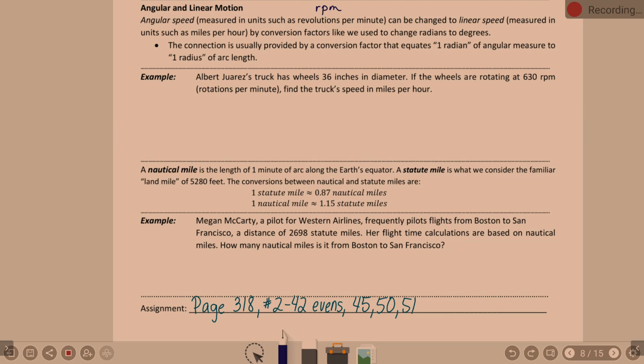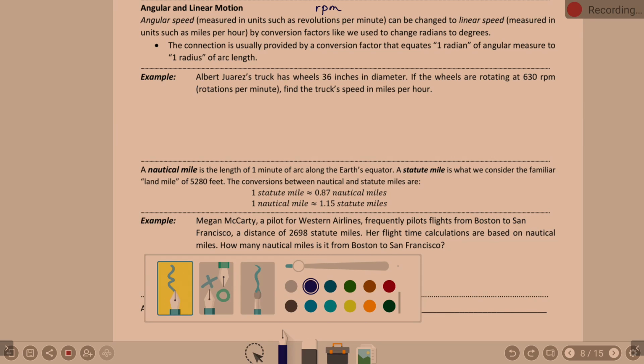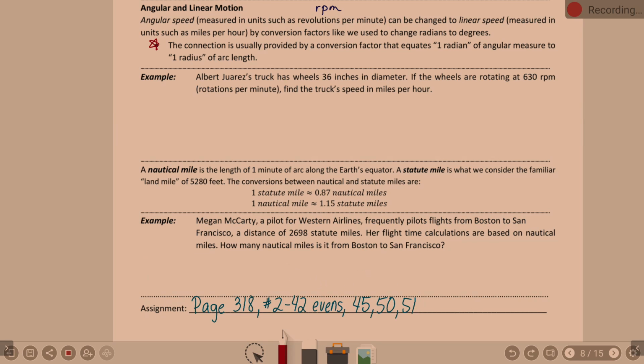Now, before we continue, key point here. Most of the other connections will make sense to you. If I say inches to feet, you're going to be able to come up with that information, right? But the one we have to be aware of is usually provided by a conversion factor that equates the fact that 1 radian of angular measure is equal to 1 radius of the arc length.